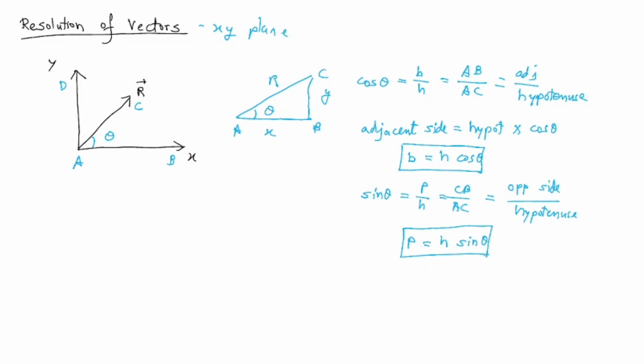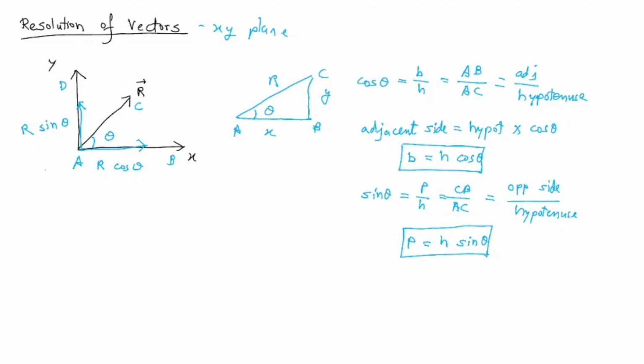If we are checking the diagram, then this here is r cos theta, and this upward component is r sin theta. This is something that can be used in simplification of vectors.